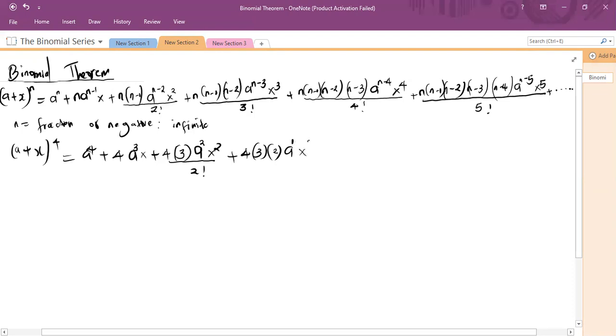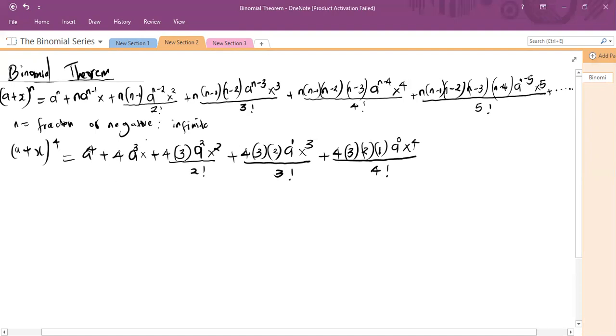Then x is raised to the power 3, all this divided by 3 factorial, plus we have n, which is 4, then 3, then 4 minus 2, which is 2, then 4 minus 3, which is 1, then a is raised to the power 4 minus 4, which is 0, then x is raised to the power 4, and all this is divided by 4 factorial.